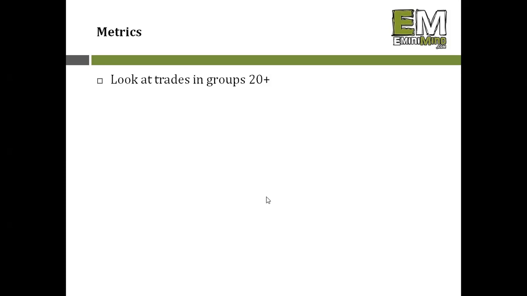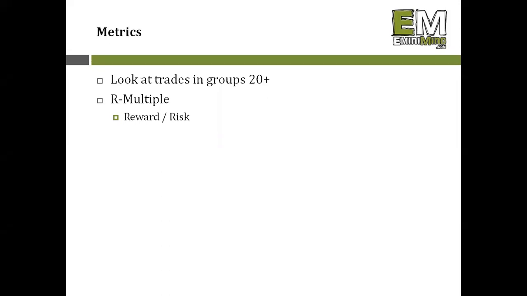So the metrics that I like to use are what's called the R multiple, or looking at the reward to risk. So going back to the 3 contract example, if you're risking 3 points and you took 3 points of profit, your reward, 3 versus your risk, 3, gives you a 1-to-1 R multiple.